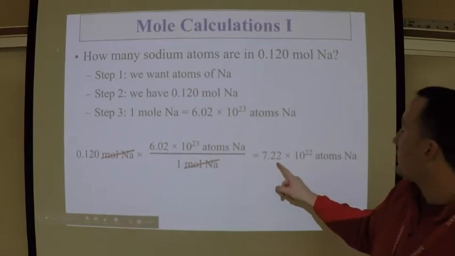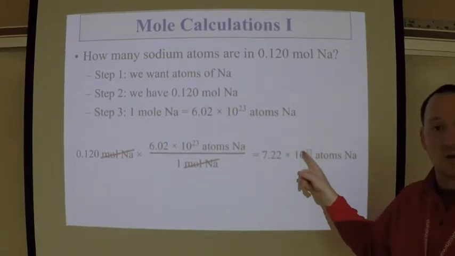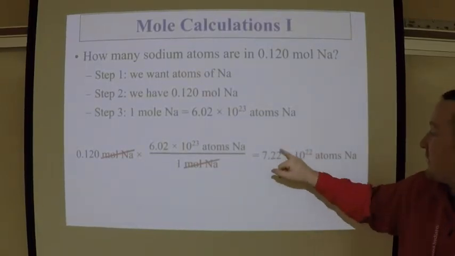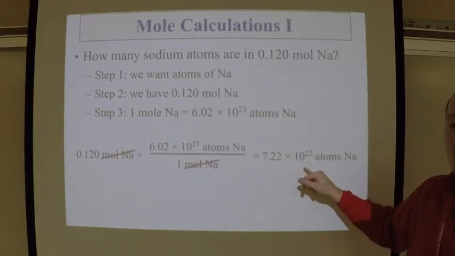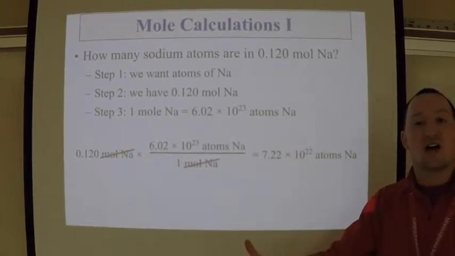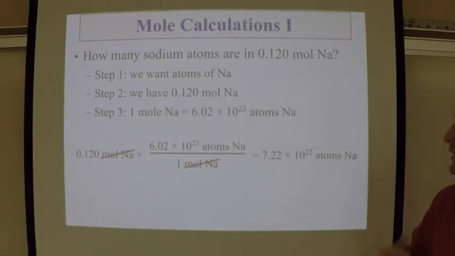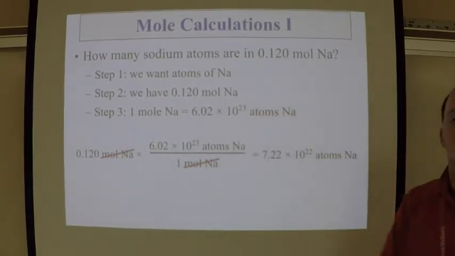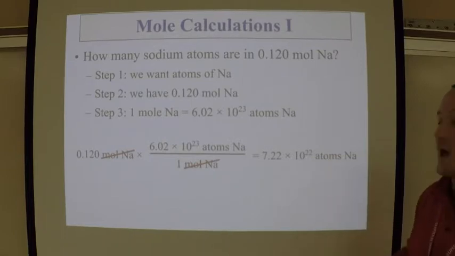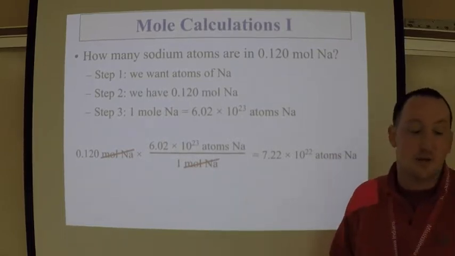So I should get 7.22, and then it said E plus 23. What E means is this right here, times 10, and then the number that follows that E is the power. So I would write this as 7.22 times 10 to the 22nd atoms of sodium, and that would be how I would solve that.